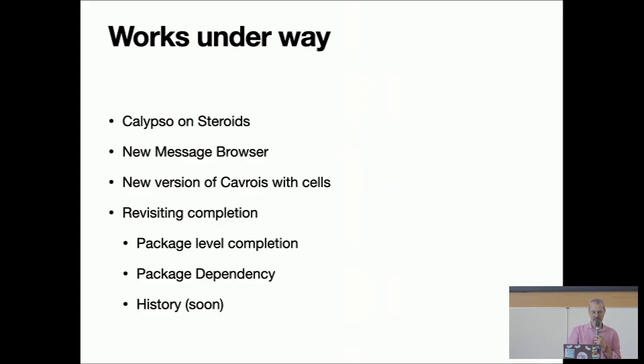But sometimes it didn't work, so we looked at what and we are doing experimentation. And there is a good one that is a package dependency. So we use the dependencies of your package to look first for the things. And we will also revisit soon the history. So this means that if you type 10 times the same method, maybe the 11th time that will be the same one. So we will put that in production.